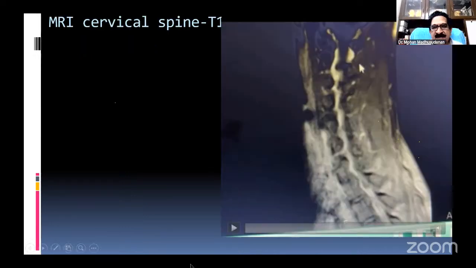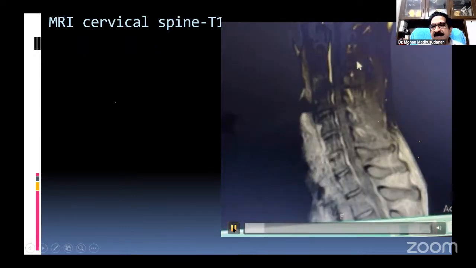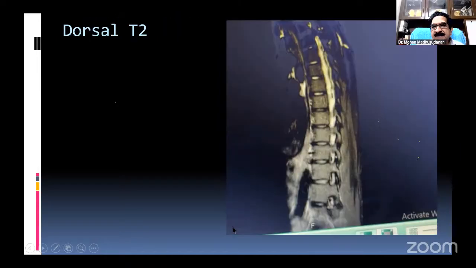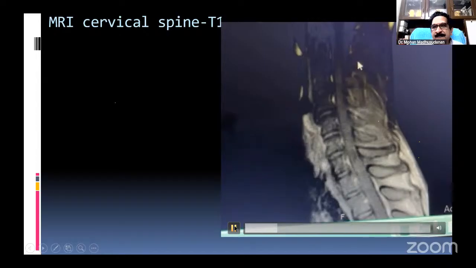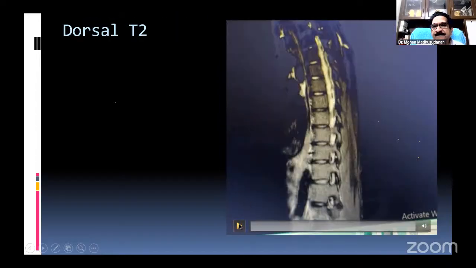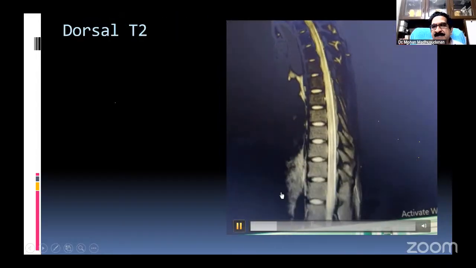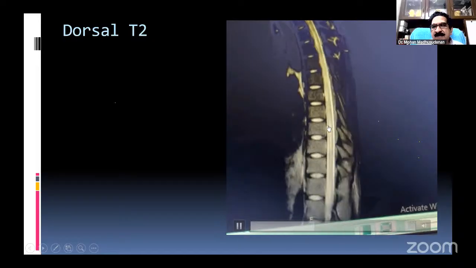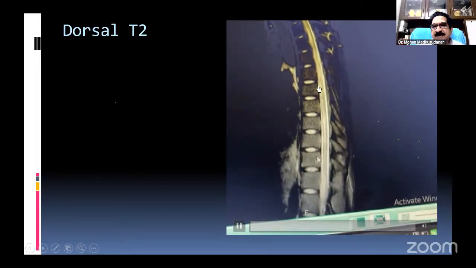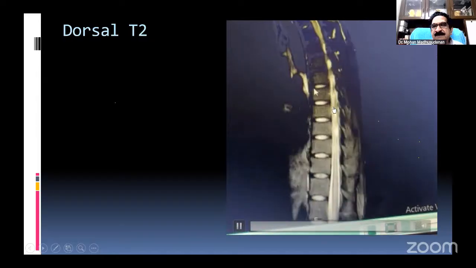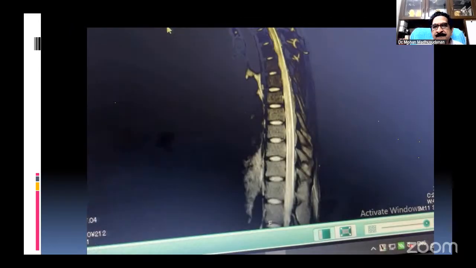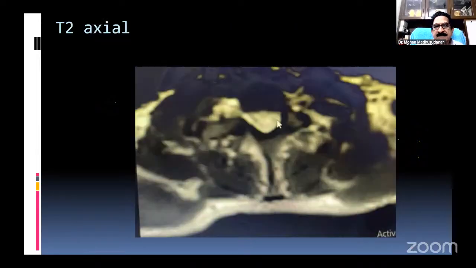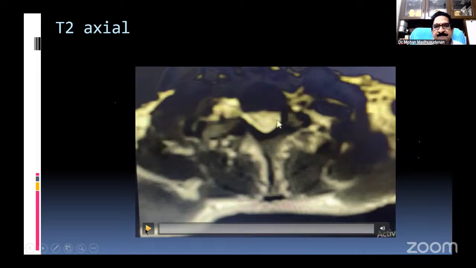The spine, again, is very poor quality, and you can hardly make out anything. But some of the pictures I will show. You can see a long extensive hyperintensity in the cord. Even though they're not very clear, you can make out some hyperintensity within the cord. This is a T2 axial.